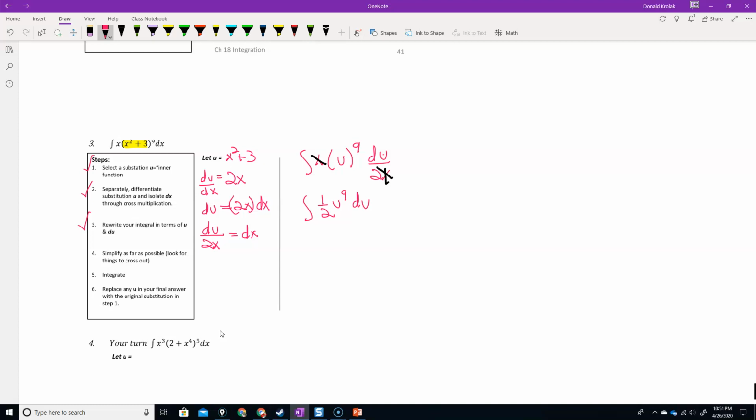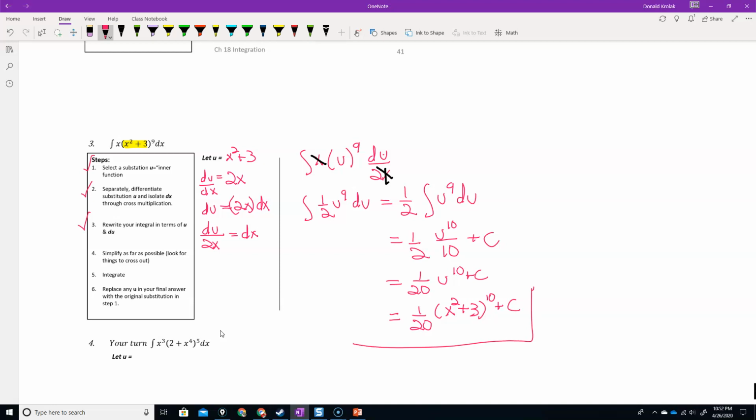We can pull that 1/2 out front. Integrate, and then substitute back in our original value of u. And there's our antiderivative.